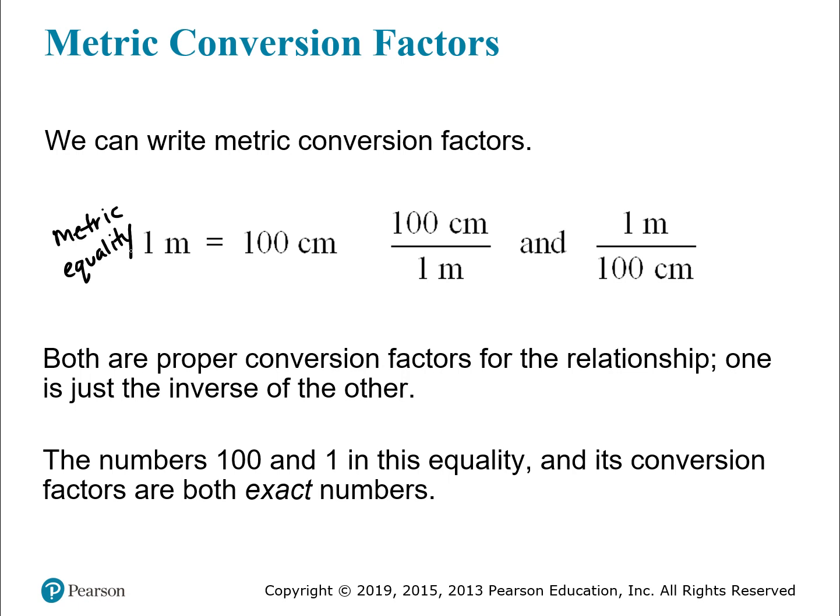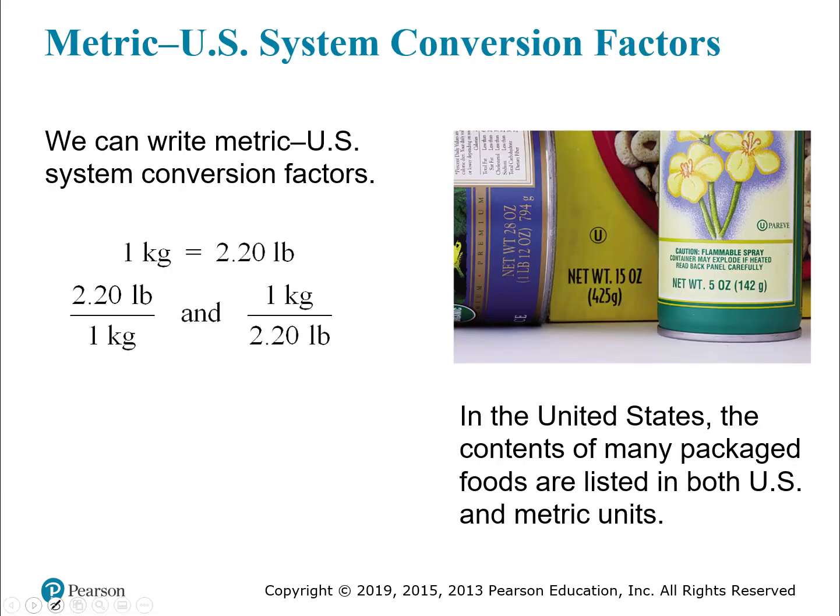And both of these numbers are exact numbers, so you don't have to include it for your sig figs. We can also write metric US conversion factors, but remember, unless we're talking about 1 inch is equal to 2.54 centimeters, you're going to have a number that is measured and counts towards your significant figures.